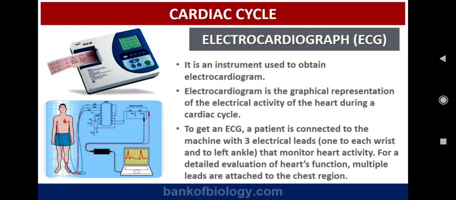For a detailed evaluation of heart function, multiple leads are also attached to the chest region.